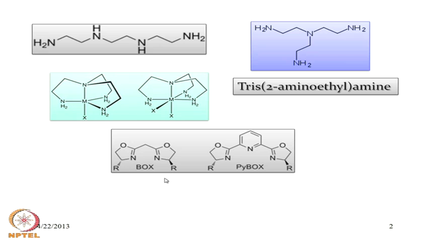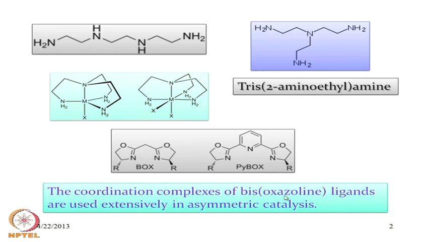Then we can have another type of ligand which is very useful in organic synthesis, known as BOX, which is a bis-oxazoline type of ligand. So, the bis-oxazoline type of ligand is abbreviated as BOX because this is the oxazoline ring.